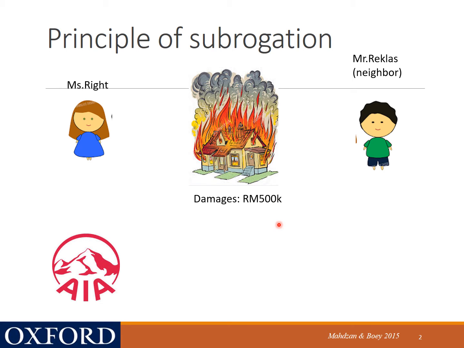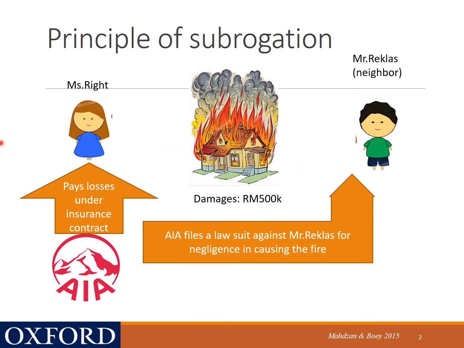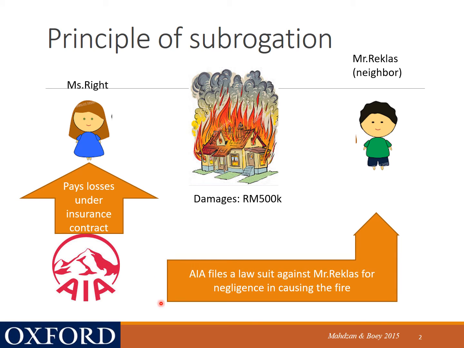So what happens is that AIA will still pay the damages, the losses, up to 500k to Miss Wright, assuming that she had insured the property sufficiently. But at the same time, AIA can also file a lawsuit against Mr. Reckless for his negligence in causing the fire.